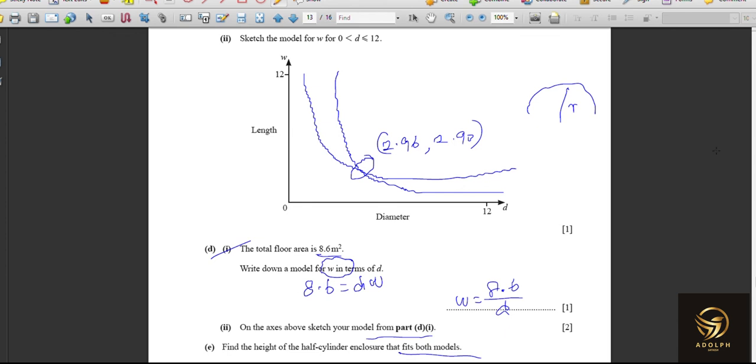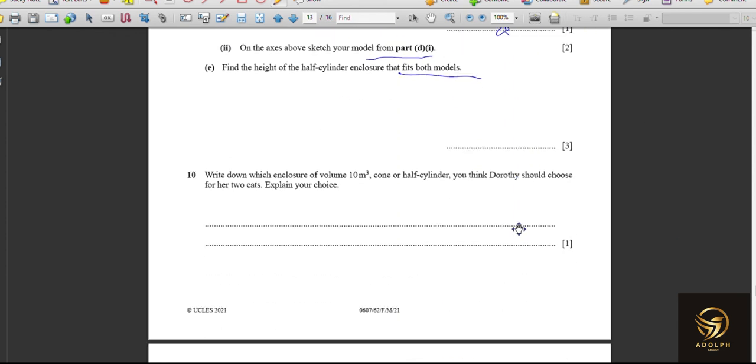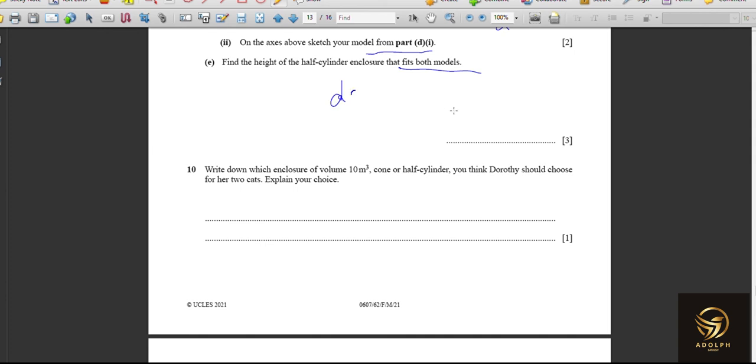The respective d value is 2.96, so the height, which is r, or d by 2, is 2.96 by 2. So we get the answer as 1.48 meter. We actually got it from the graph.